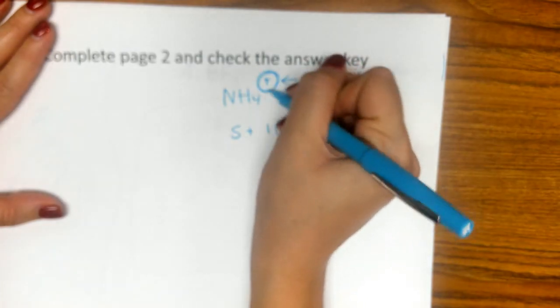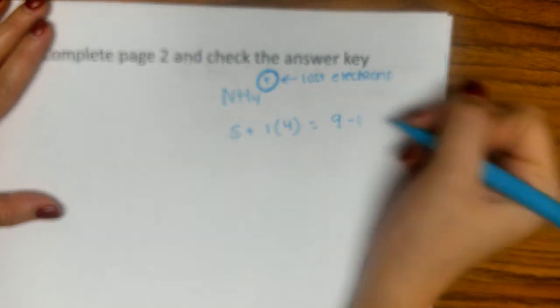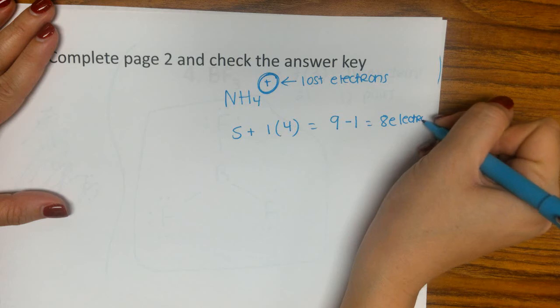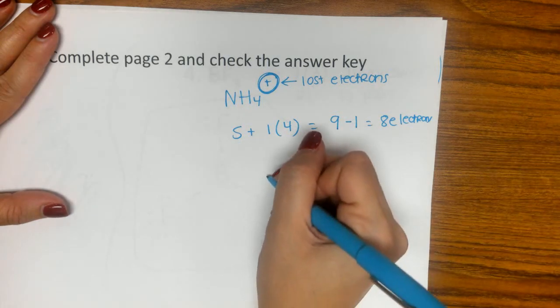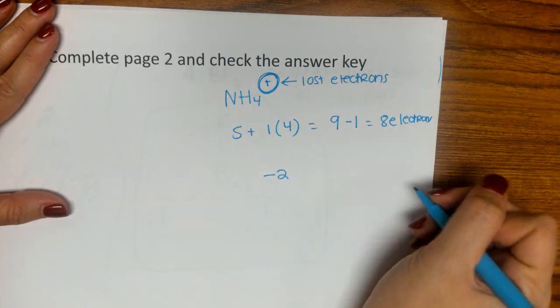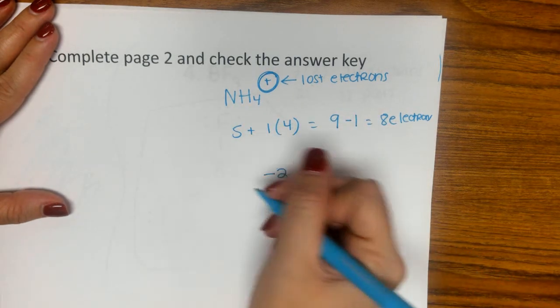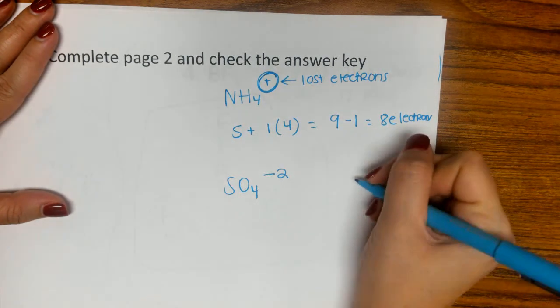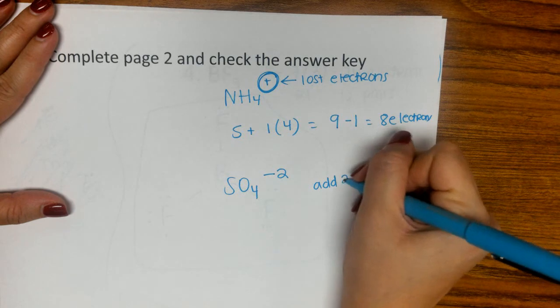Because it has a positive charge, you have to subtract an electron. So that has 8 electrons. If something has a negative charge, let's say it has a negative 2, you have to add 2 electrons to the total number.